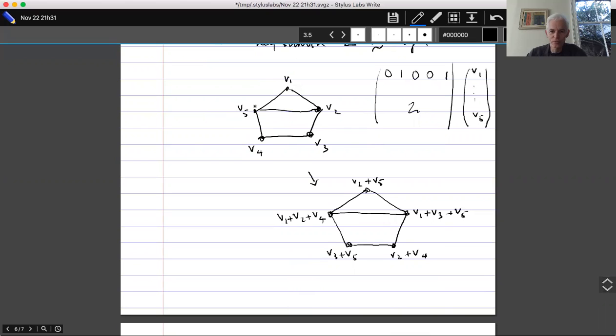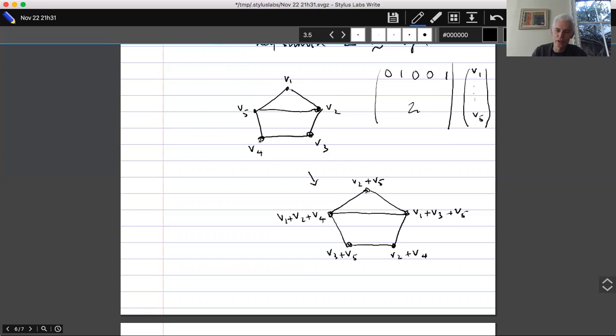So perhaps we could say V5 is the maximum. Then we know that V5 is going to go to lambda V5, but it's also going to be equal to V1 plus V2 plus V4, but all of those have modulus that are smaller than the modulus of V5.